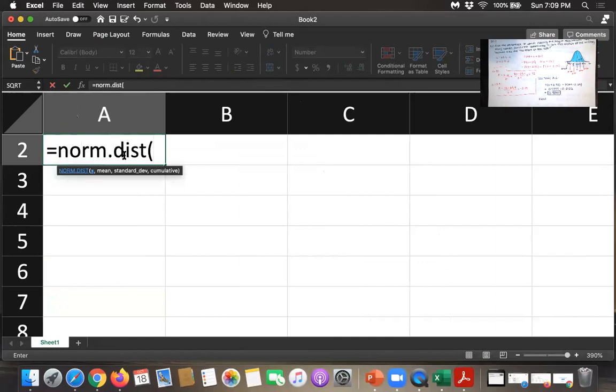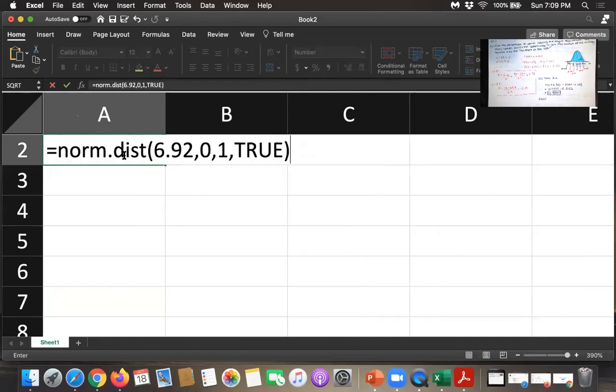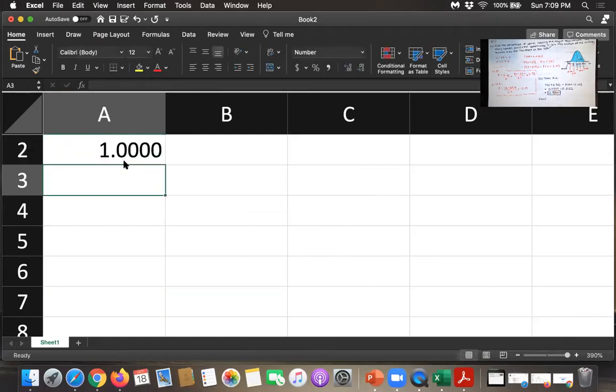Then they want the Z value, 6.92, for a standard normal distribution. And that's what we have whenever we're talking about Z-scores. The mean is 0, the standard deviation is 1. And we say yes, we want cumulative distribution. That means we just want all the area to the left of Z equals 6.92.